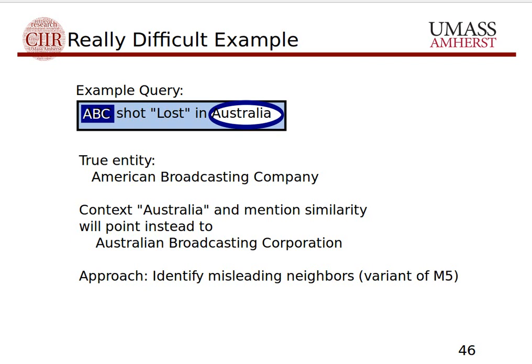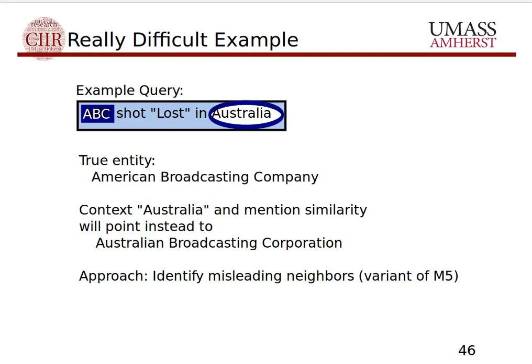So here's, for instance, a really difficult example, just in case you thought that the entity linking problem is solved by now. If you all remember the TV series Lost that was aired on American television just a few years ago, it was shot by the American Broadcasting Company. And here's a short text fragment that talks about that. It goes, ABC shot Lost in Australia.